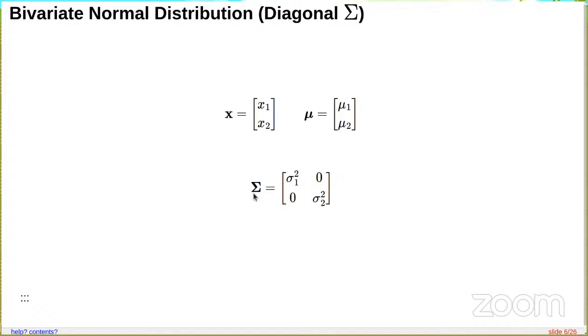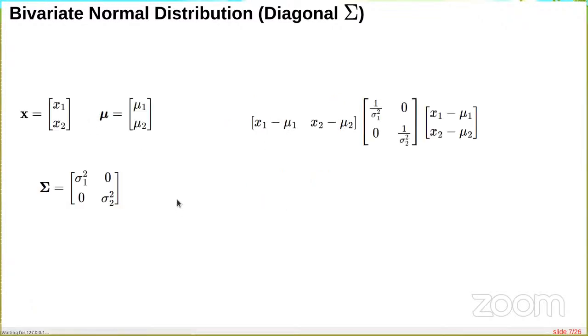This is a special case that we'll be looking at, especially in the context of naive Bayes. So I hope the symbols are clear: X is a feature vector, mu is a mean vector, and this is your diagonal covariance matrix. The whole thing is called a bivariate normal distribution.